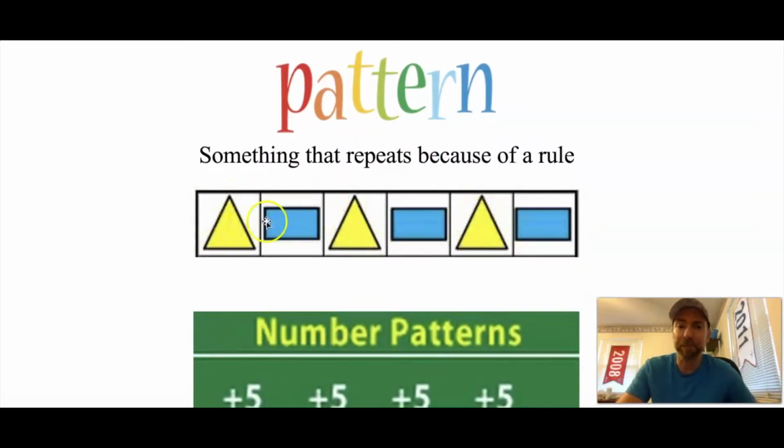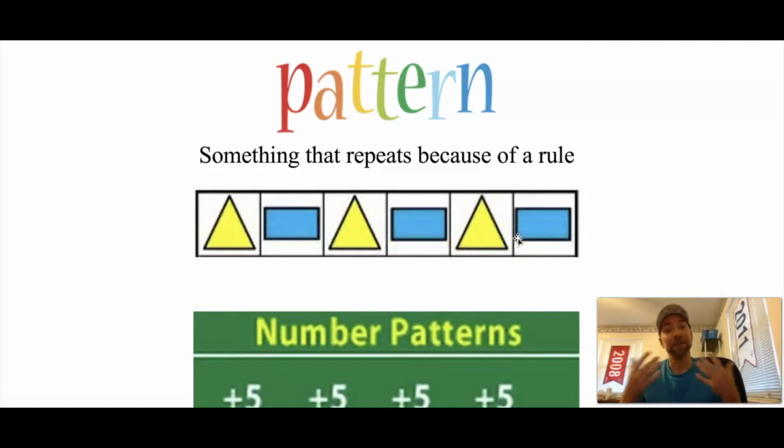I see a triangle, a rectangle, a triangle, a rectangle, a triangle, a rectangle, and that pattern can continue on and on because I know a triangle would come next, and then a rectangle, on and on. Now, I also see a color pattern. I see yellow, blue, yellow, blue, yellow, blue.